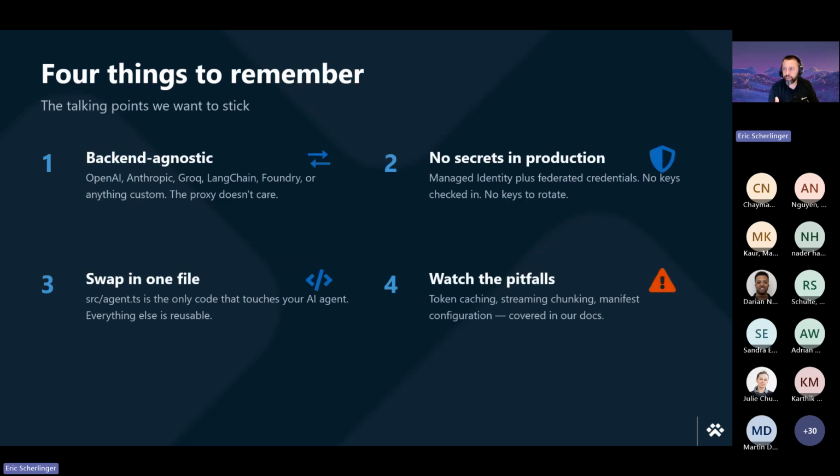So as we're wrapping up, a few things to remember. First, that sample is really backend agnostic. While we use AI Foundry or Microsoft Foundry for demonstration purposes and the sample's ease of deployment, it can be adapted to any other technology. Second, it was built with no secret in mind.